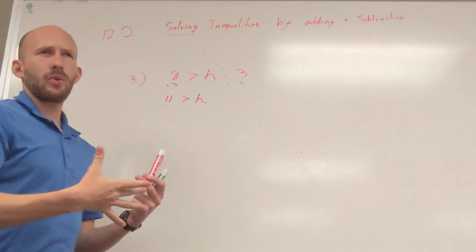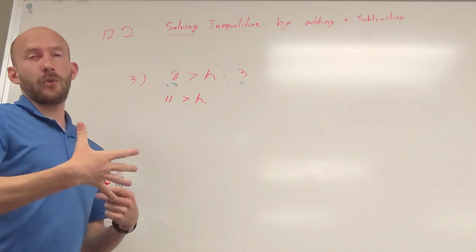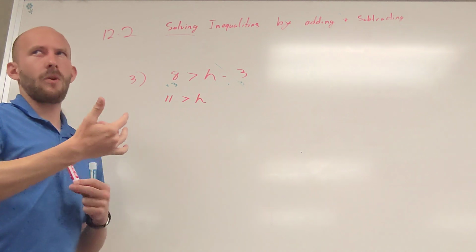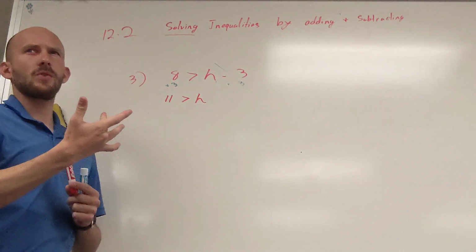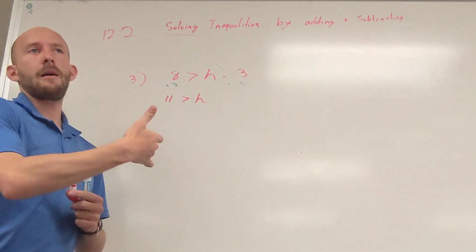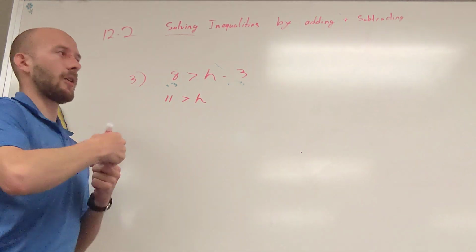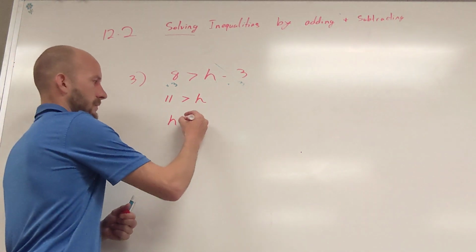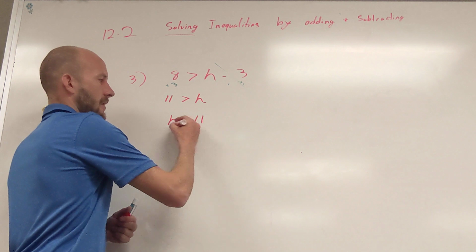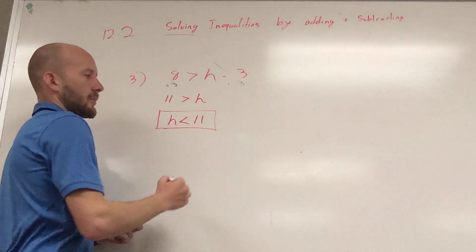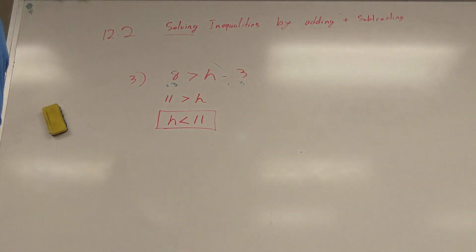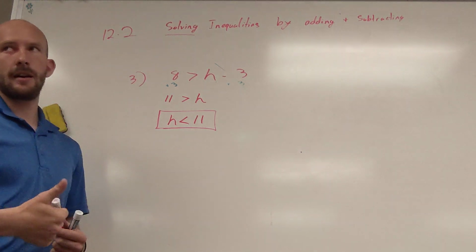And again, if we're going to graph, I would prefer, I'm probably not going to count it wrong, but typically, so our answers all look the same, I would flip it around so the variable is first. Typically, that's how we want our answers to look. So our solution is h is less than 11.